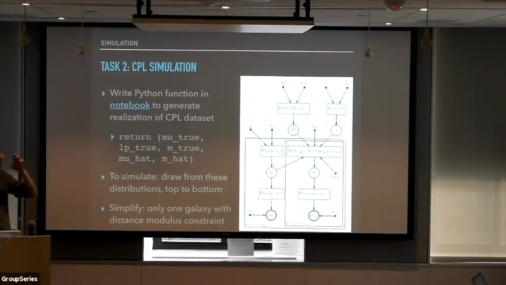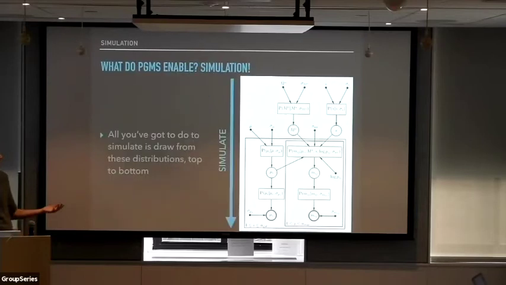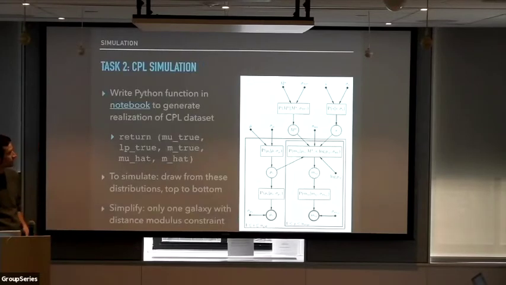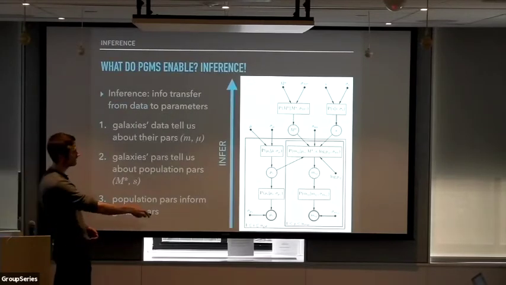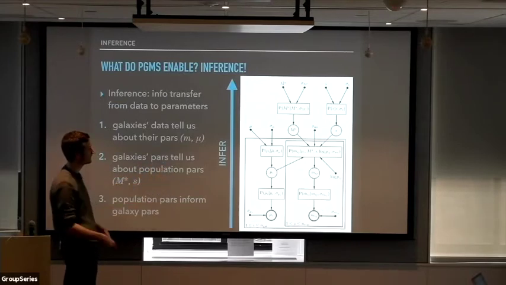The second half of the lecture is how to actually do inference with them, okay? And this is essentially just reversing this arrow. When we're simulating, we're going top down. In terms of inference, we're going bottom up. So we're showing how to take our observed values and learn something about the parameters of interest.